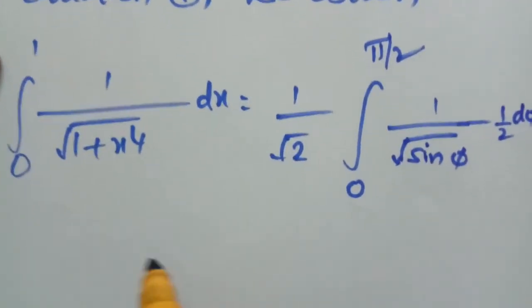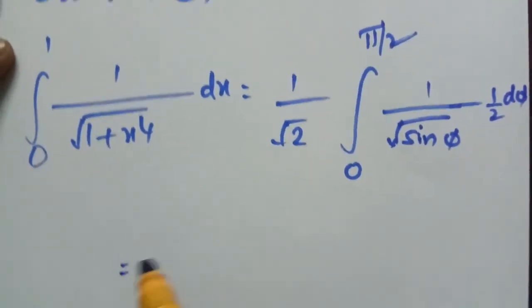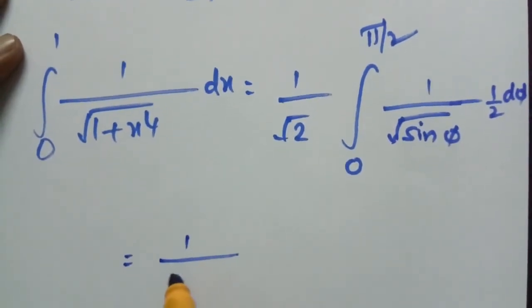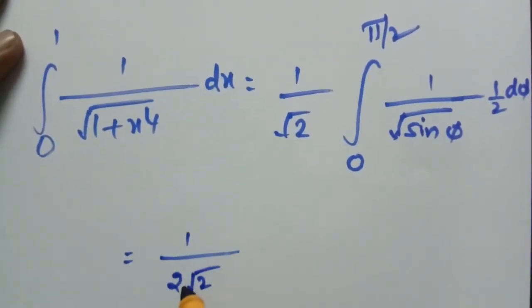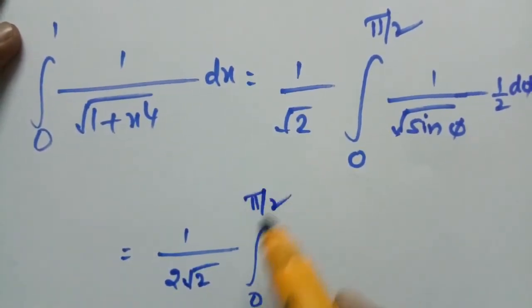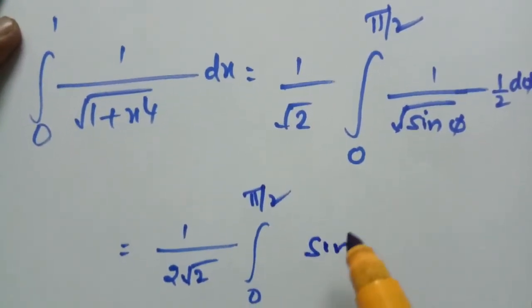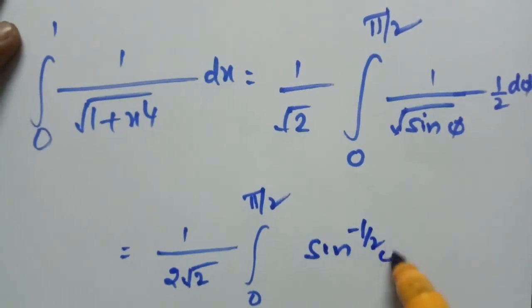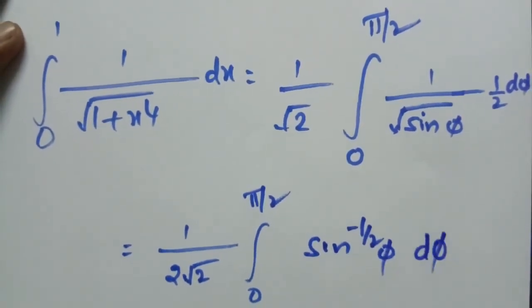Therefore, this is equal to 1 by 2 root 2 into integral 0 to pi by 2 sin to the power of minus 1 by 2 phi d phi.